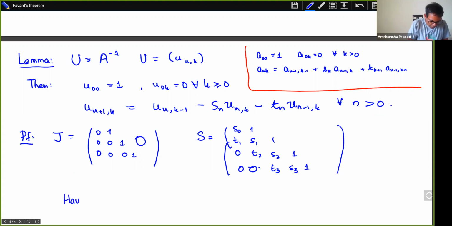And what we have is that JA equals AS. That's what this original relation means. And this is the same as, multiplying on the left and right by U, UJ equals SU.